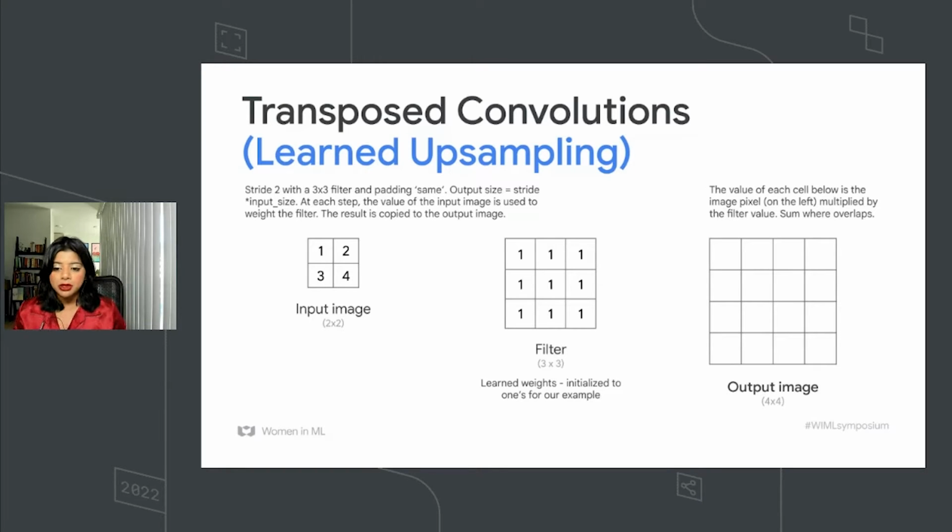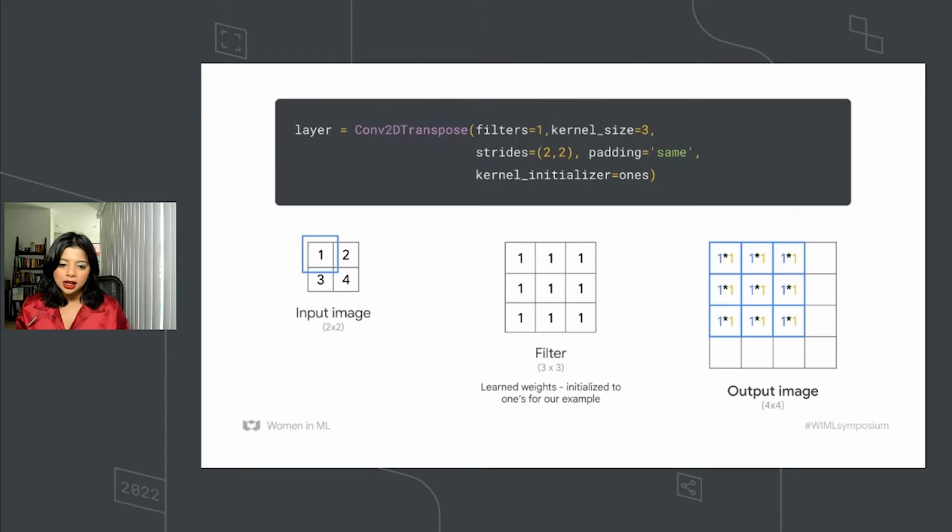At each step, the value of the input image is used to weight the filter, and the result is copied onto the output image. In our example here, we see the input image, just 1, 2, 3, 4, those are the pixel values, and the filter values, all of them are 1 at the moment, but these change as you do backpropagation, as in the case of convolution as well.